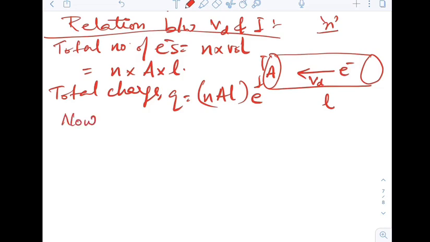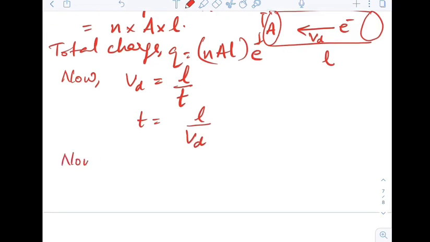Now we basically know that velocity is equal to distance upon time. So drift velocity is the length of the conductor upon time, or we can have time interval is equal to L upon Vd.